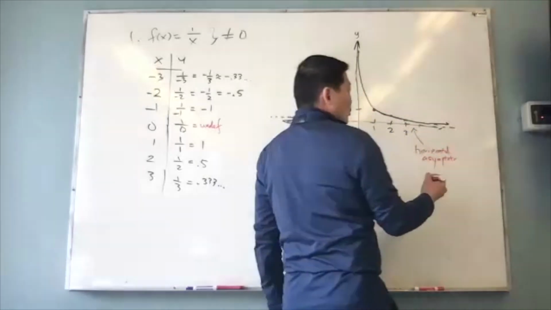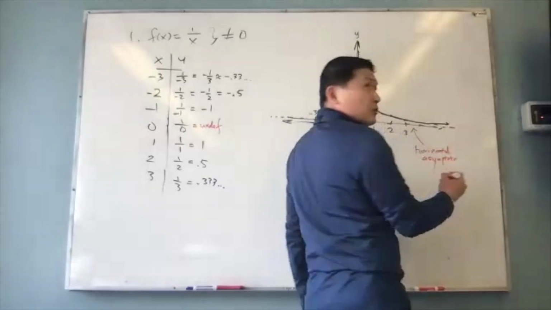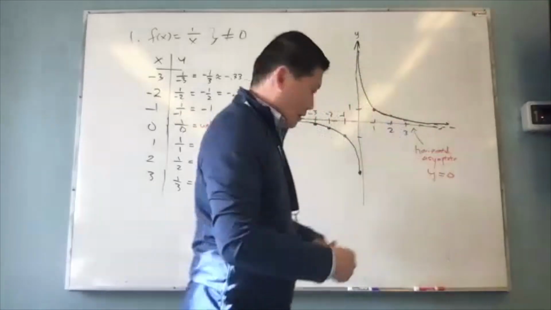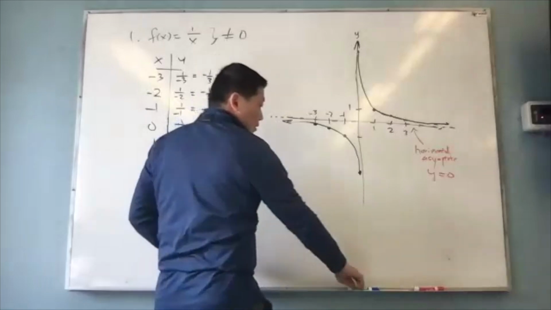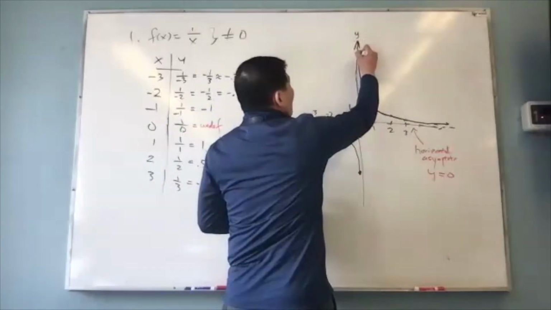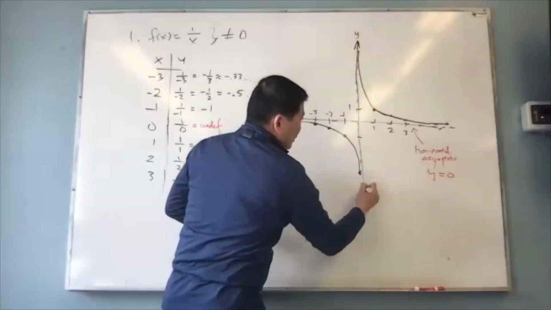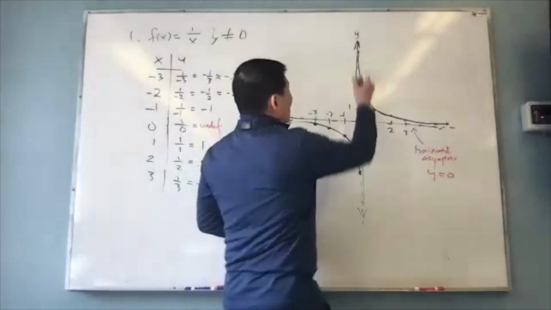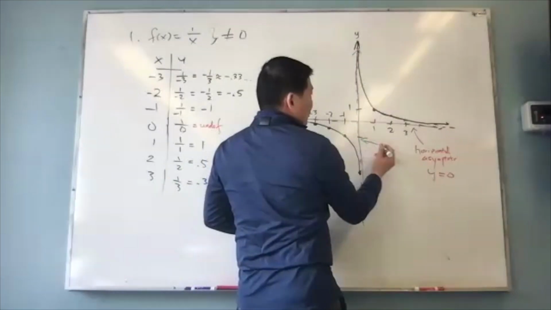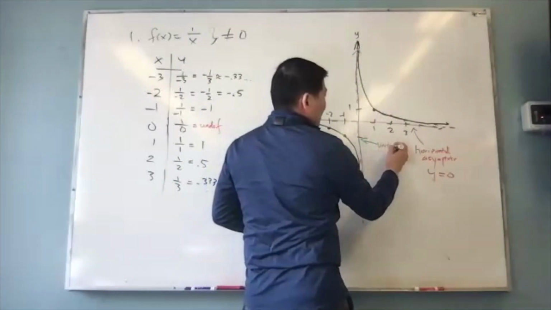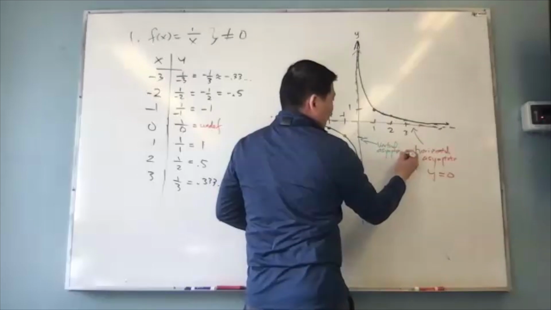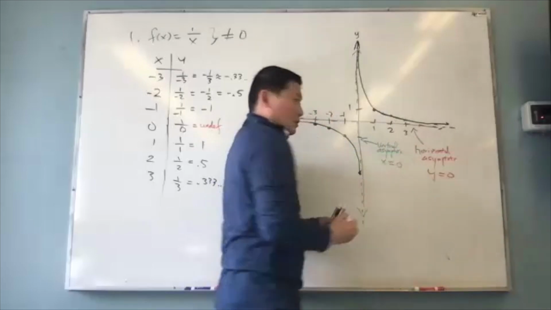And what's the equation for this horizontal asymptote? Y equal to 0. We also get a vertical asymptote, right? Because there's an invisible barrier over here, and this is called a vertical asymptote. And this is x equal to 0.